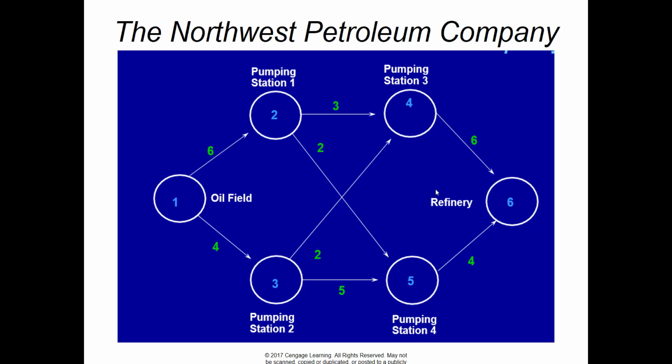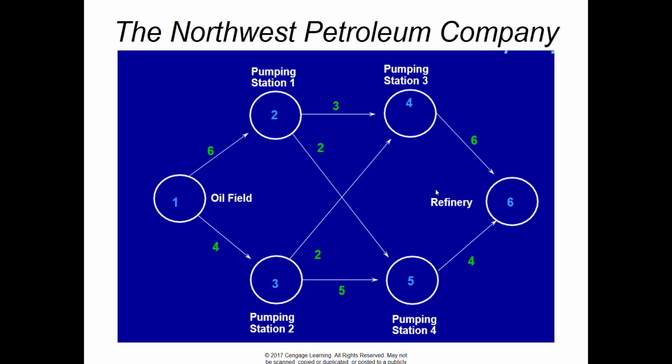Each of these pipes has a different diameter, so they can carry different barrels of oil each second. The purpose in this problem is that we send the oil from the oil field to the refinery in such a way that the flow is maximized.